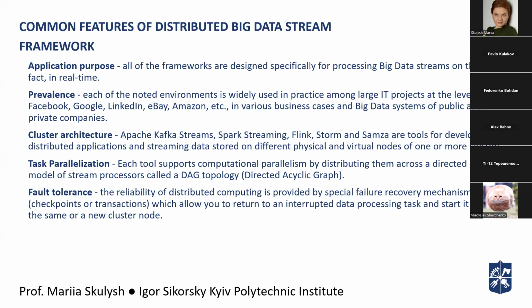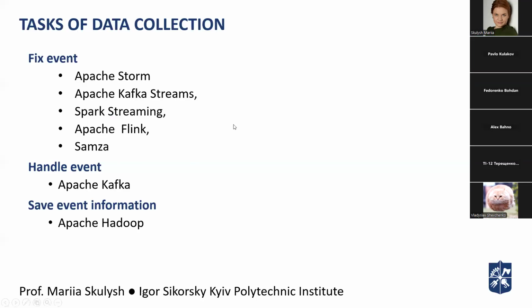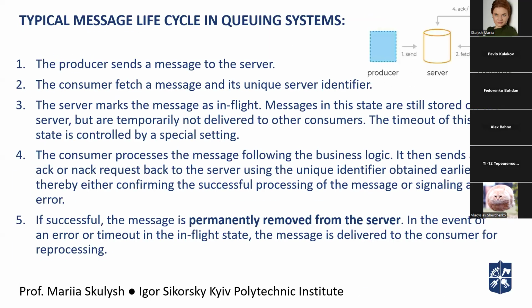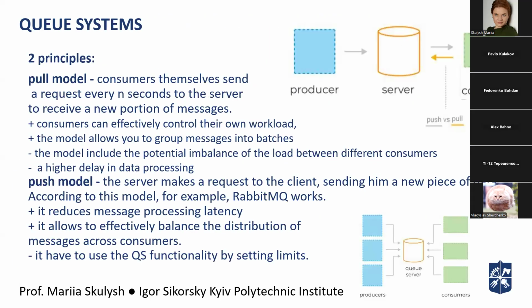We will talk about Apache Storm, Apache Kafka, Apache Hadoop, and the main principles of how they work. And also some links where you can read this or that information.